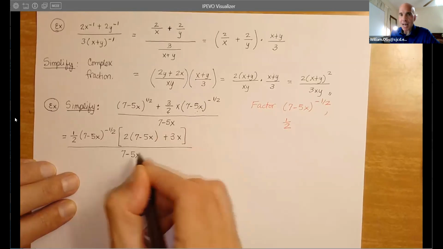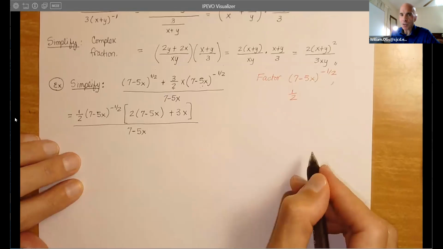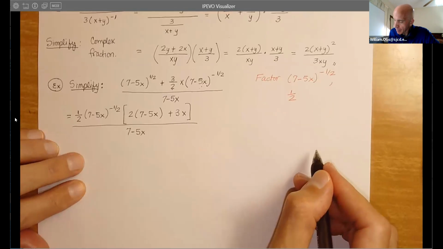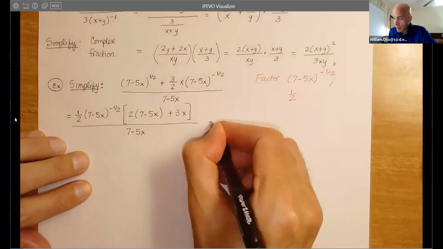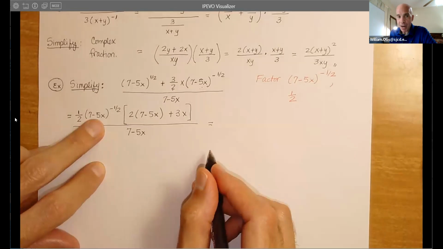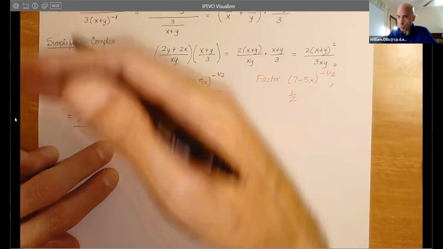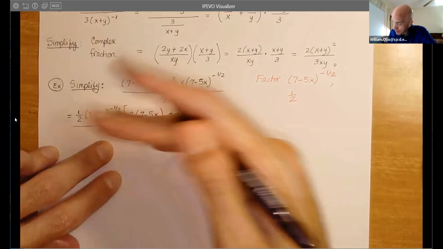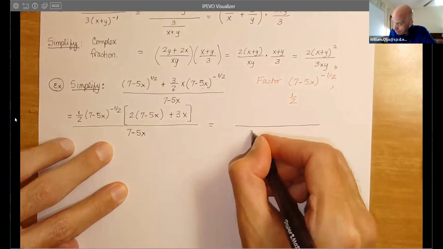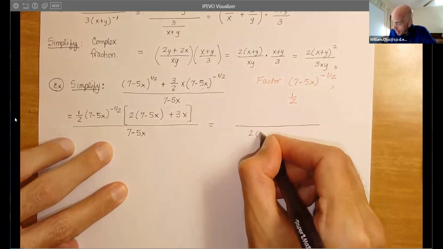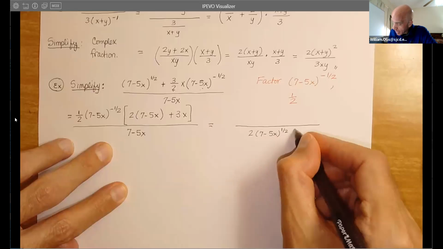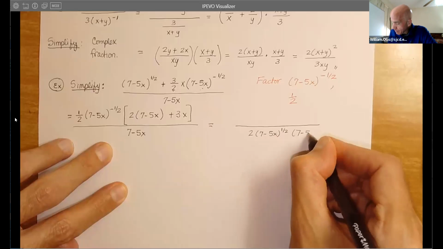We often spend time worrying about the difficult part and then leave out the easy parts and wonder why the answer's wrong. Now, notice here we have a 1/2 and we got a negative 1/2 power of the 7 minus 5x, which we can bring into the denominator. So we have 2 times 7 minus 5x to the 1/2 times the 7 minus 5x.